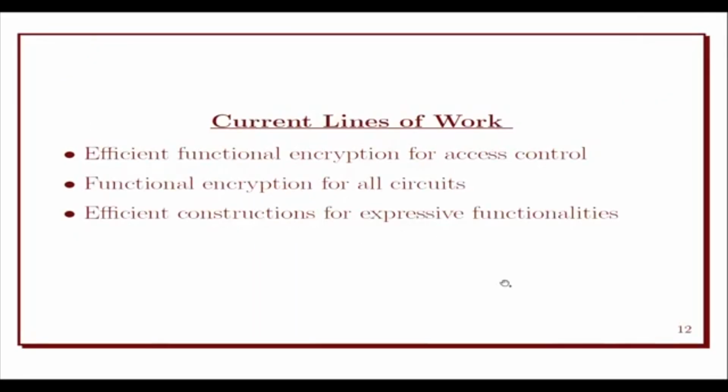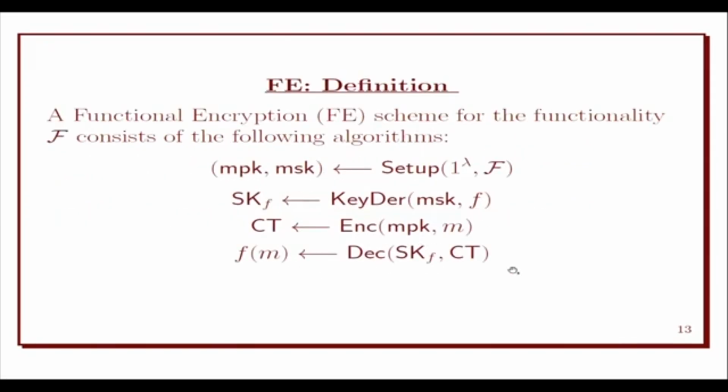Okay. So, the current line of work in this functional encryption scheme: efficient functional encryption for access control, functional encryption for general circuits, and efficient construction for expressive functionalities. This is the general overview of any functional encryption scheme. We have a setup phase.